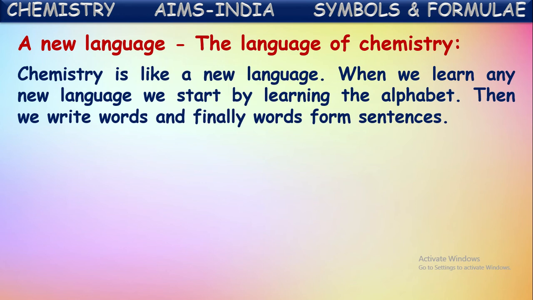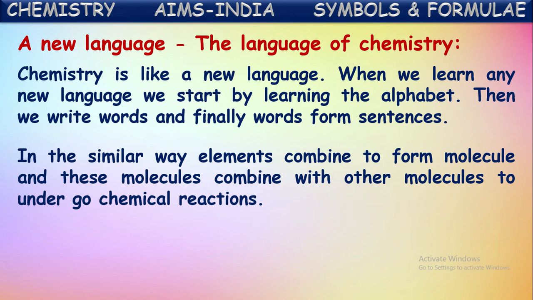Then finally, words form sentences. Two, three words we club together and we write sentences. In this way, we start learning a new language with alphabets, then words, and finally sentences. In a similar way, in chemistry, first we learn about elements and their symbols.